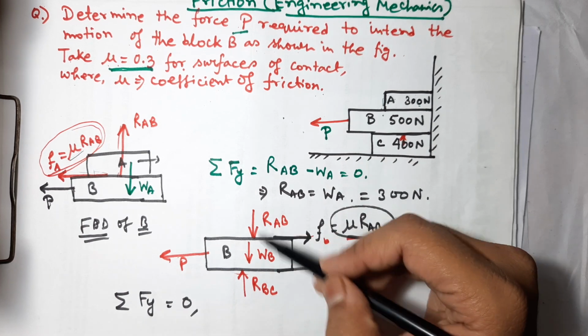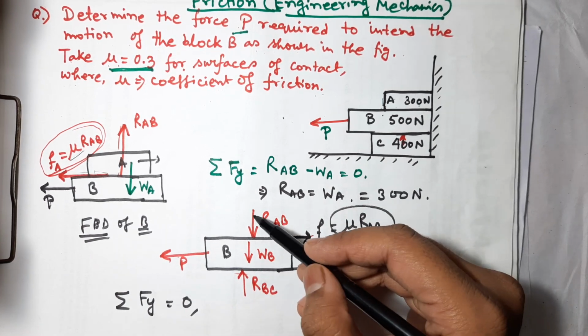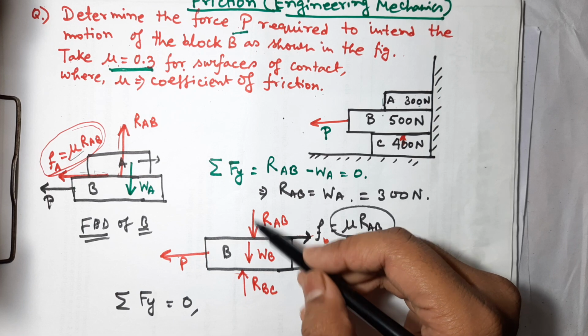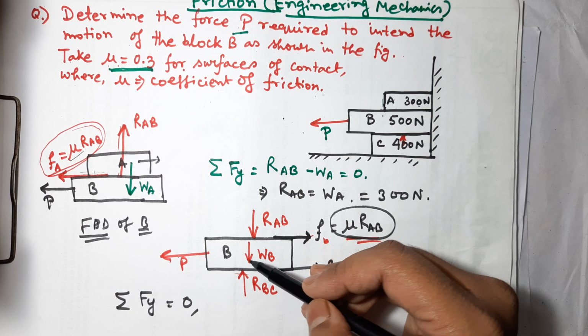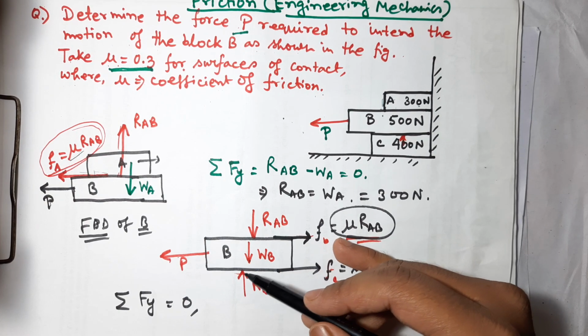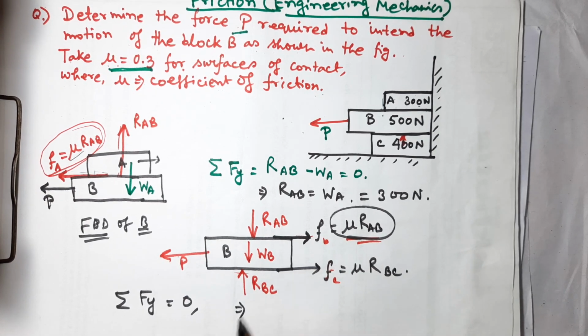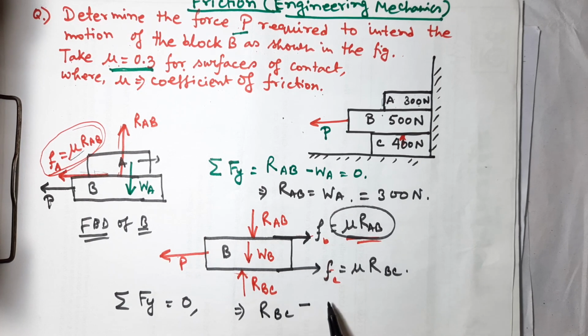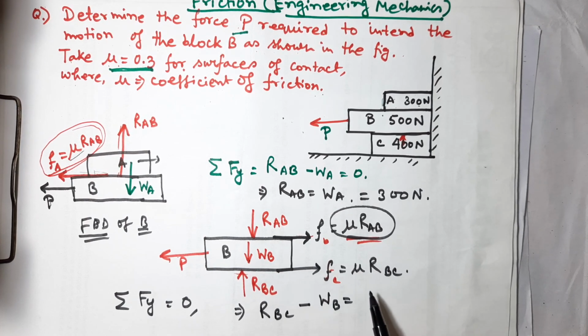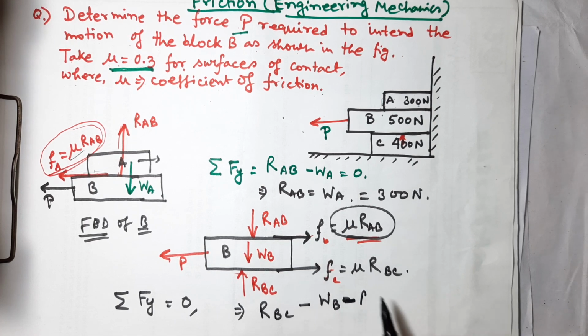Sorry, here I am considering the y direction. So RAB is acting in the negative y axis, WB is acting in the negative y axis, and RBC is acting in the positive y axis. So I can write here RBC minus WB minus RAB.